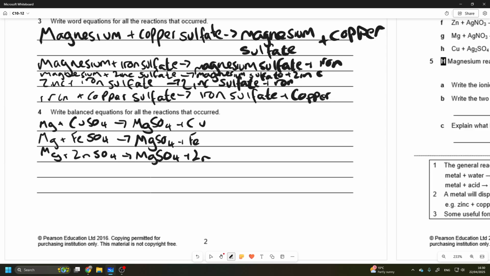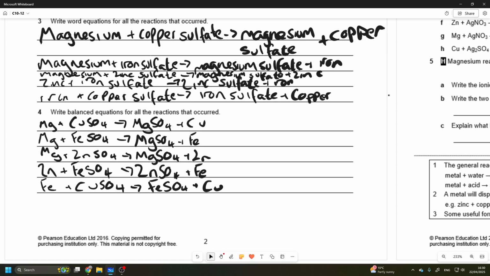Then we've got zinc, Zn plus FeSO4, iron sulfate, gives you ZnSO4 plus Fe. And finally Fe plus CuSO4 gives you FeSO4 plus Cu. Okay, there you go.